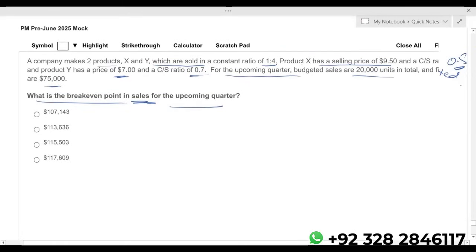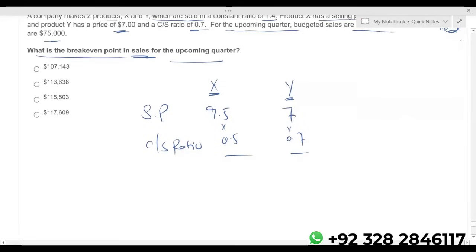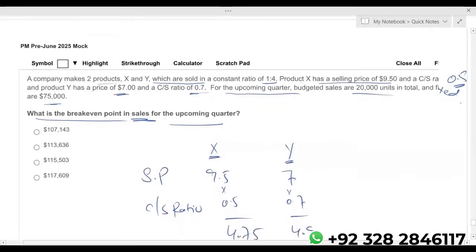So let's see. There are 2 products, X and Y. Selling price 9.5 and 7, CS ratio 0.5, 0.7. That gives us contribution per unit. 9.5 into 0.5, I'm getting 4.75 contribution. Obviously 4.9 for Y. Now what is the ratio?